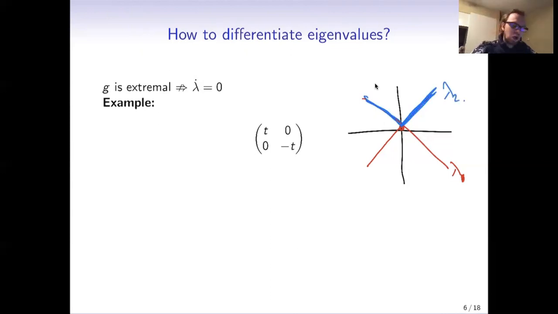Because the eigenvalues might have multiplicity, you can still differentiate them, but when you differentiate them, they switch places, right? So after this point, lambda 2 becomes lambda 1, and lambda 1 becomes lambda 2. So essentially, this is not the right condition of extremality, right? So the right condition is something else. So here's an example where you have a critical point, right? So you clearly have that lambda 1 is maximum along this deformation, but derivative is not 0.